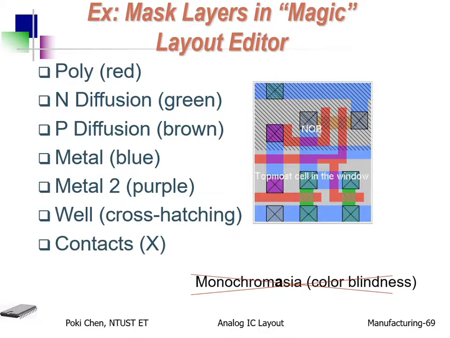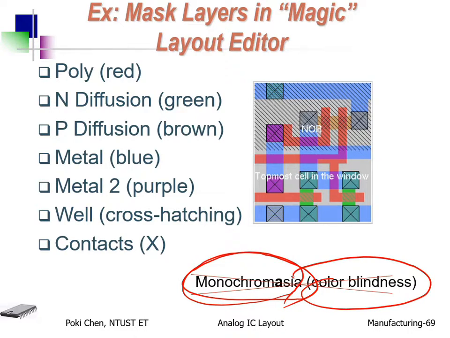So if somebody has monochromacy, meaning color blindness, they cannot serve as not only medical doctors, but also layout engineers. So you can see how important layout engineers are. According to this, they are as important as medical doctors. But according to income, they get much lower.